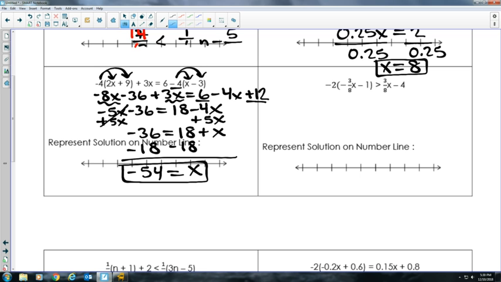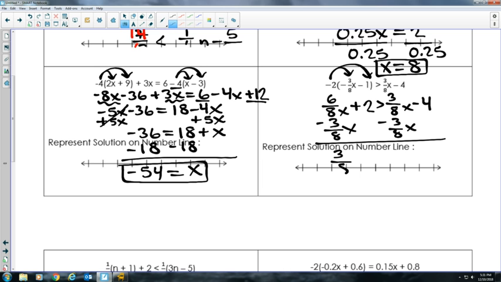Okay, negative 2 times negative 3/8 is a positive 6/8 x, and negative 2 times a negative 1 is a positive 2. Okay, move your variables. We're going to subtract 3/8 from both sides.